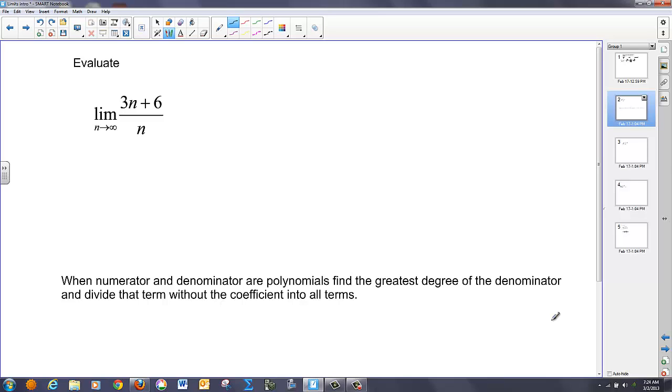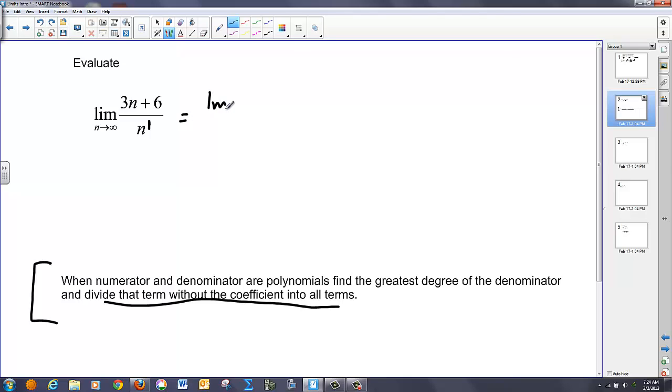So when you have a numerator and denominator that are polynomials, you want to find the greatest degree of the denominator and then divide that term into all the terms. So in this case, we look at the greatest degree in the denominator, which is a degree of 1. So I'm going to take and divide n to the first into every term in my problem.